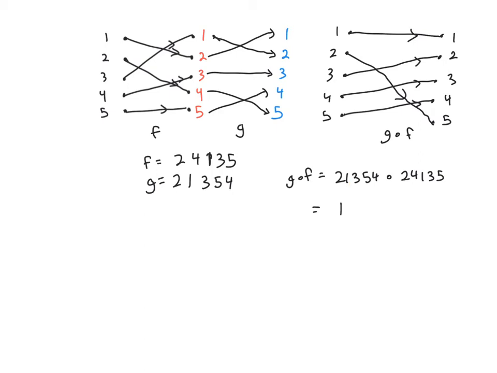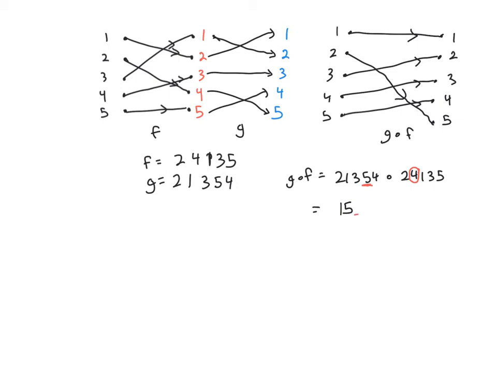In general, to figure out what goes in the second position, in the first permutation you look at that number, and then you look at the entry in that corresponding position in the second permutation. So I see 4 here, so I'm going to look at the fourth slot in the second permutation, and I see a 5. So that's what I write down. So 2 goes to 5.